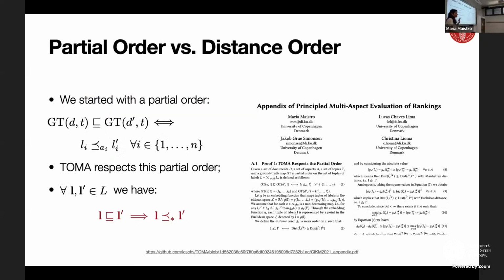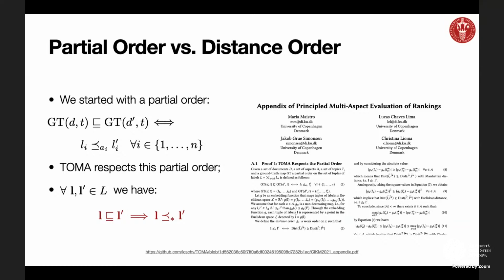So if you follow all these steps as described, what happens is that the order that we define based on the distance function preserves what I called before the unequivocal order.